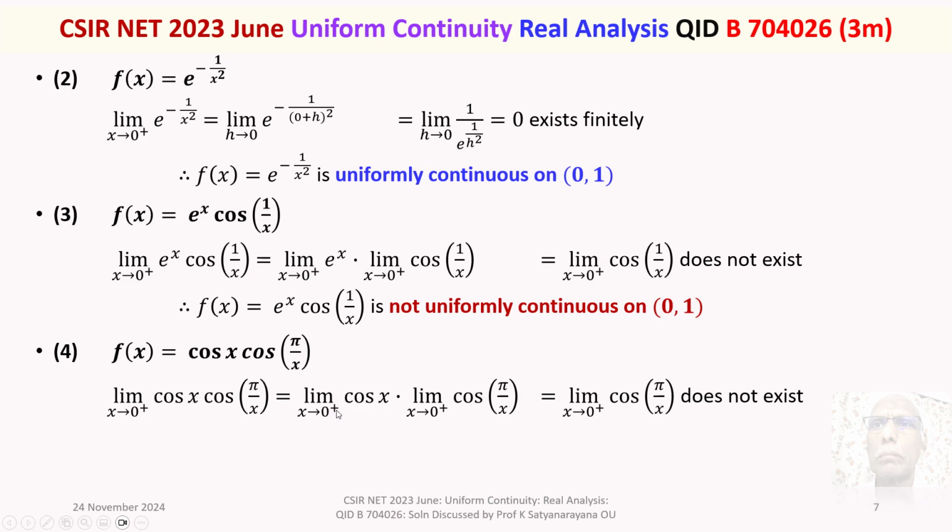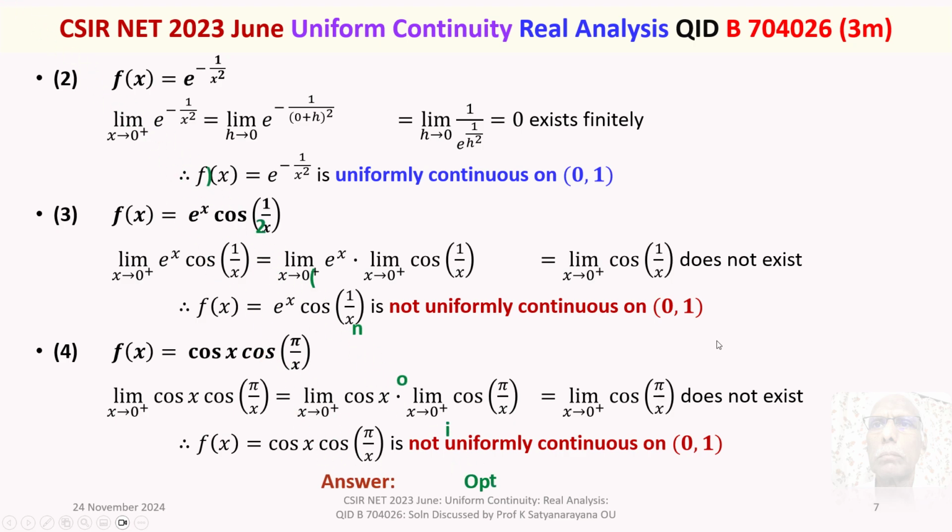The limit as x tends to 0 plus of cos x is 1, multiplied by the limit as x tends to 0 plus of cos(pi/x), which does not exist. Therefore, this function is not uniformly continuous. So, the answer to this question is option 2.